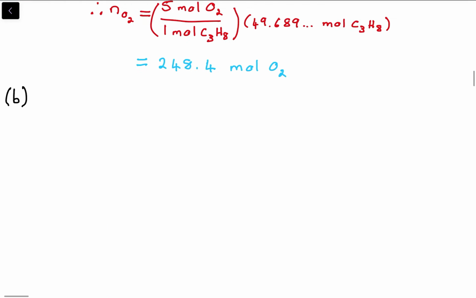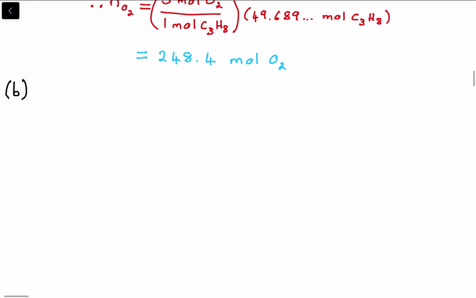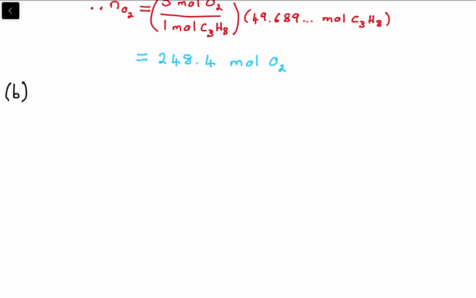So what you would have normally done is we would have said, the question asks us what mass of propane is required. So we calculate the mass of the propane, which is going to be equal to, of course, the number of moles of propane multiplied by the molar mass of the propane. Right. And how do we get the number of moles of the propane?